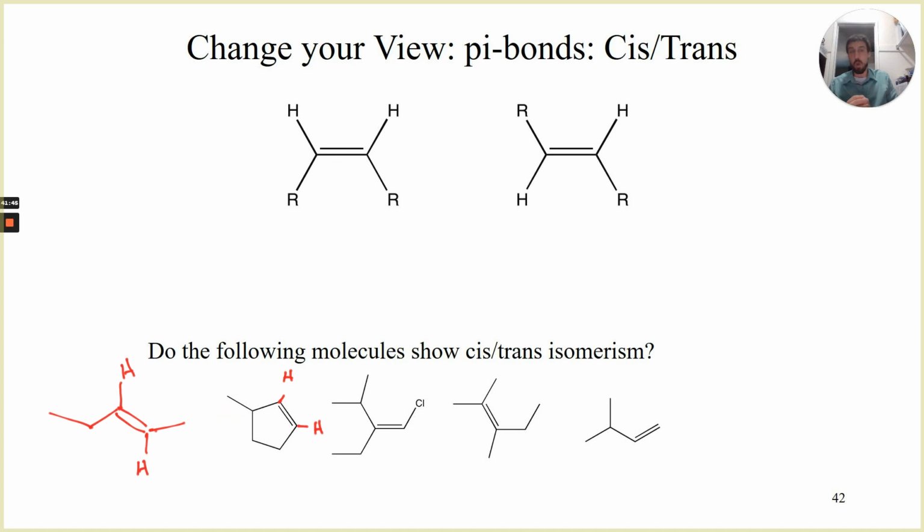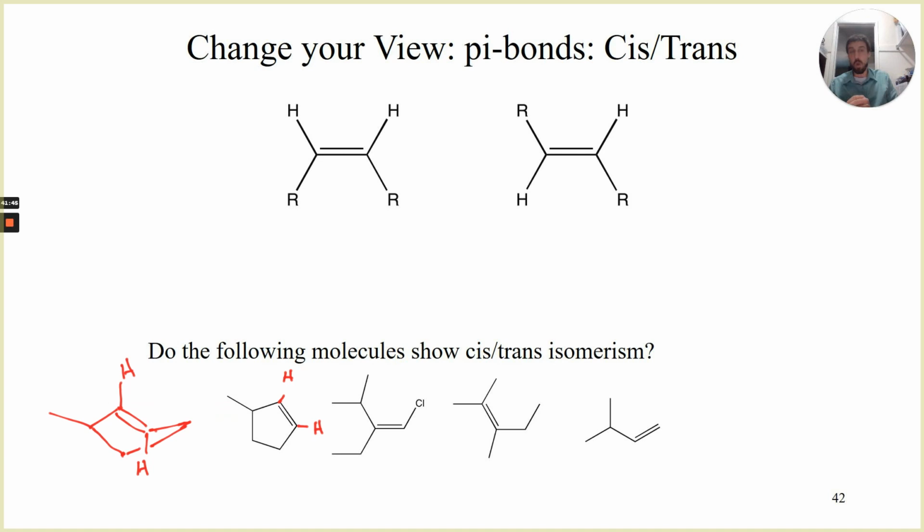Would I be able to tell cis-trans isomerism here? This one becomes a little bit trickier. 1, 2, 3, 4, fifth carbon. And for those of you thinking, that looks really weird, you're onto something.